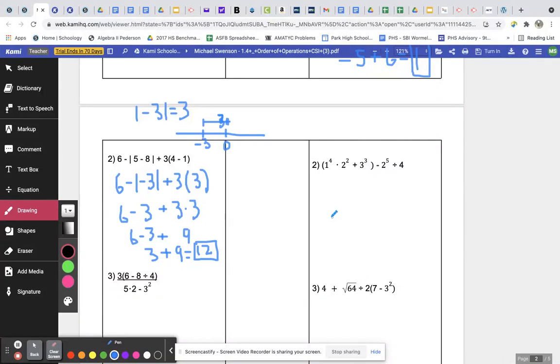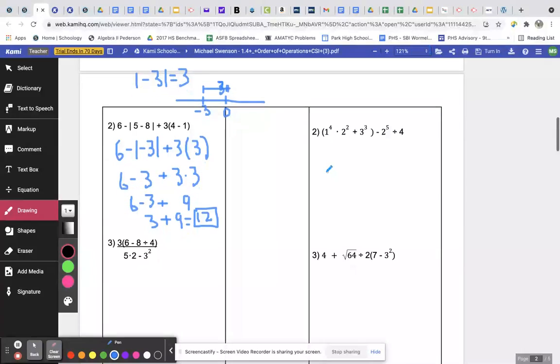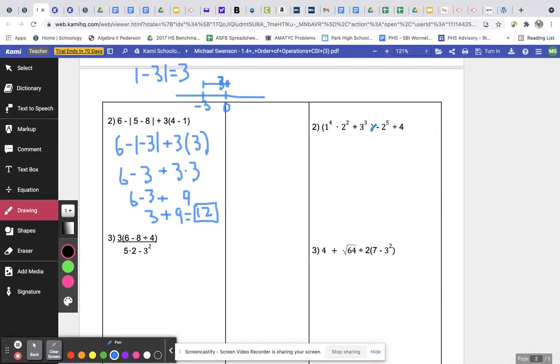Okay. Number 2 right here, the second one, you might want to try on your own. All right. Pause it. We'll be right here. But let's do this here first. We've got a parenthesis. So 1 to the 4th. Now remember, 1 to the 4th is 1 multiplied by itself 4 times. So 1 times 1 times 1 times 1.